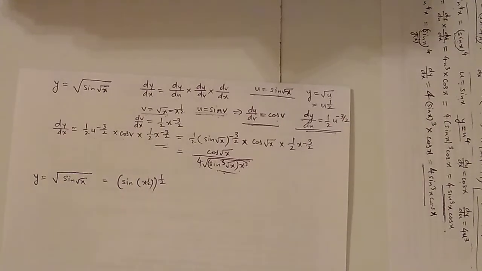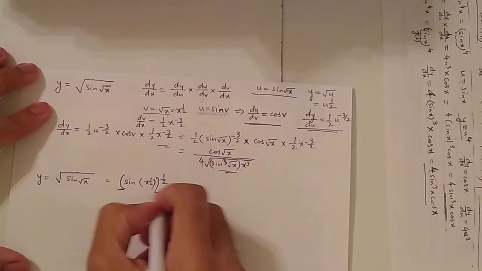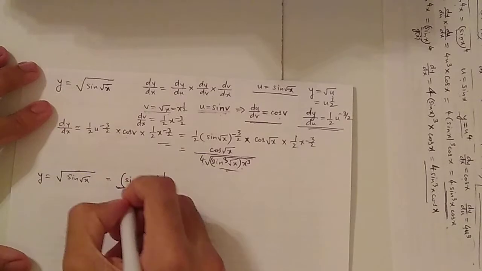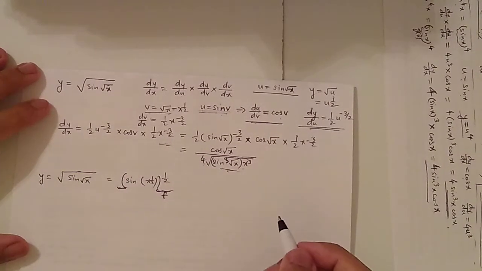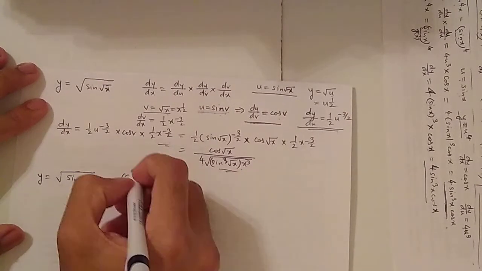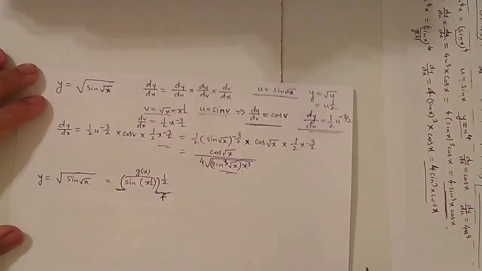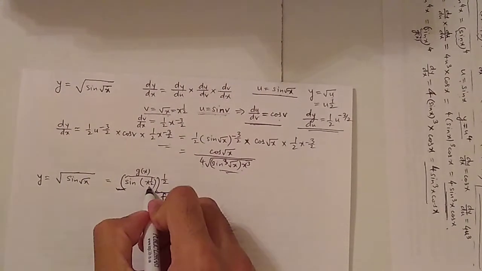So now let's consider what is the outer function. We start differentiating from the outside. The outer function is going to be your raised to half function. That is your f function. The inner function is your sine function. That is your g(x) function, and then we still have another inner function.